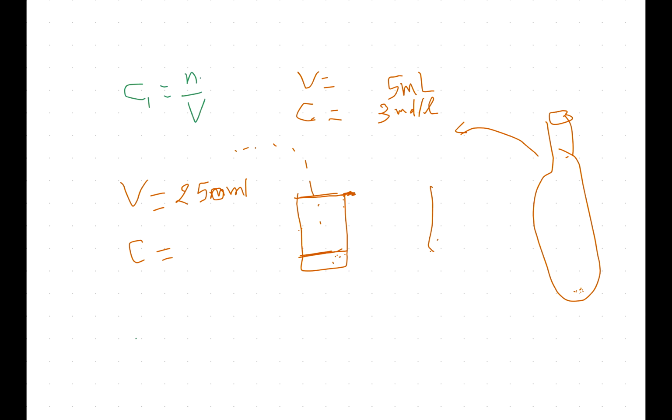And for the new solution, it's also equal, C equals N over V2. But think about it. Look here, when this is before and this is after.